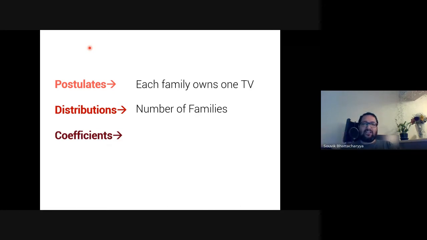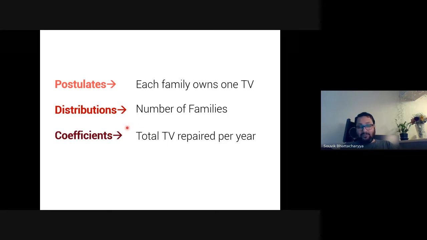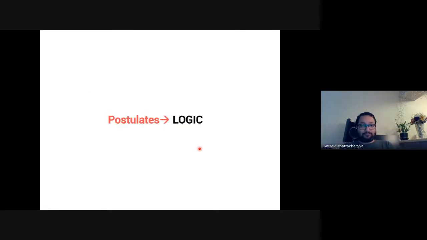We'll discuss that in a little more detail later. And then we had a coefficient, and that is total TVs repaired per year. So using postulates and distributions and some assumptions, we could hypothesize something, and we made a coefficient, and then we calculated something. So these are the 3 different components of mathematical modeling.